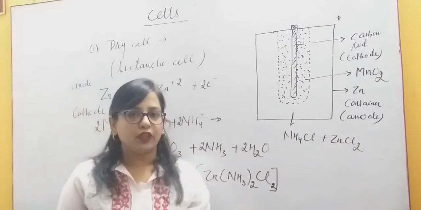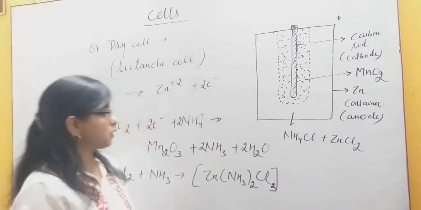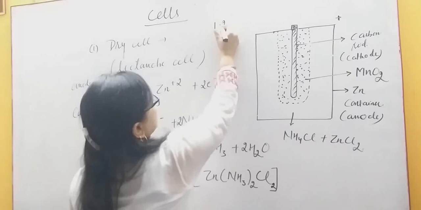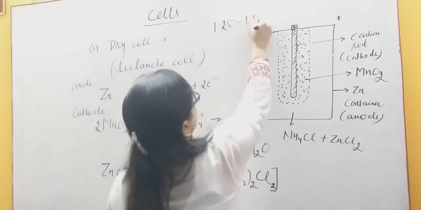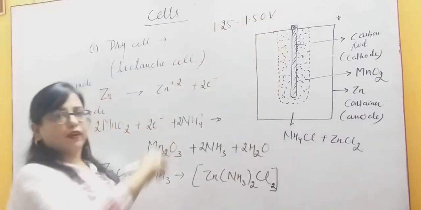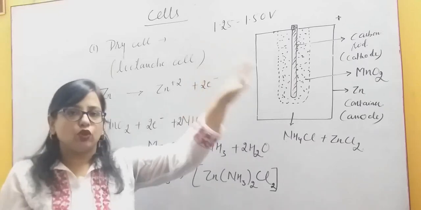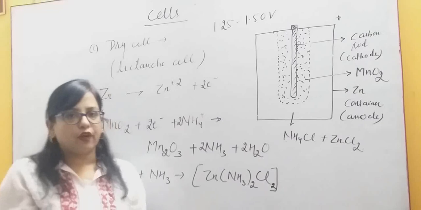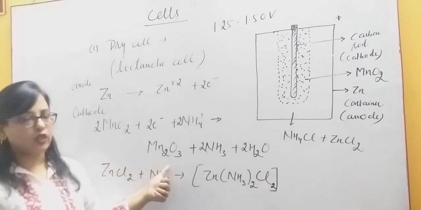So its potential does not remain constant. Its potential shows variation, with a range of 1.25 to 1.50 volt. That's why this cell does not show a constant potential, due to the change in oxidation state between MnO2 and Mn2O3.